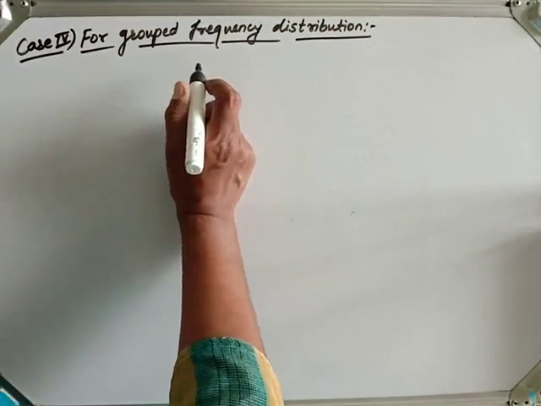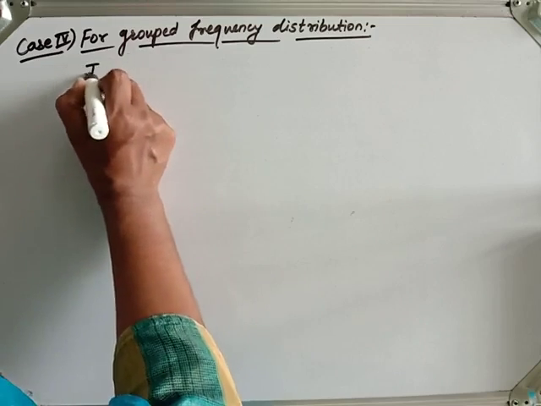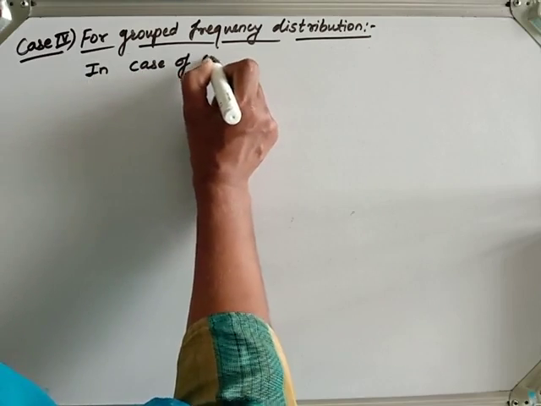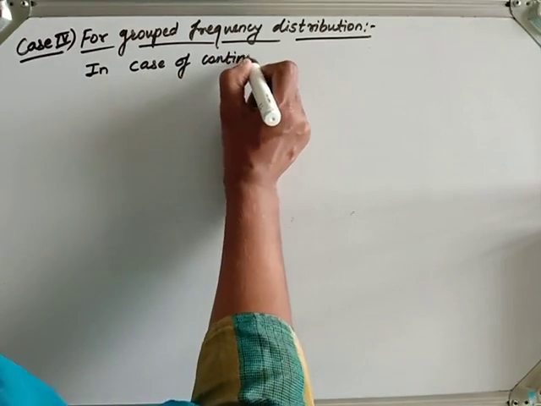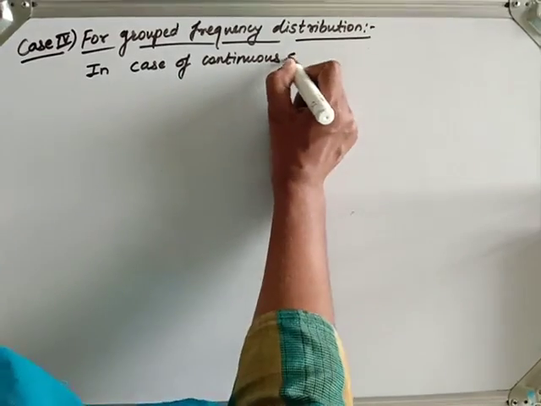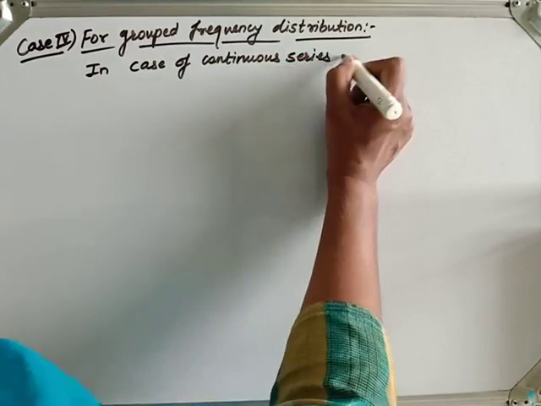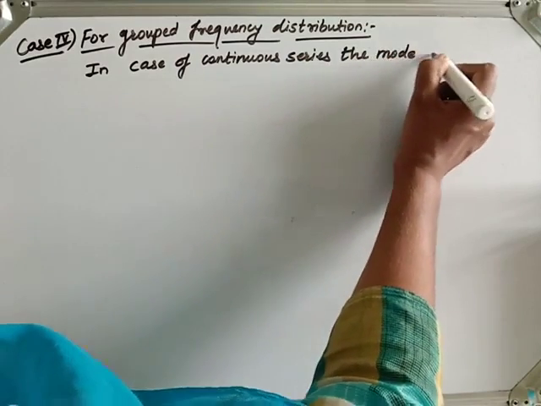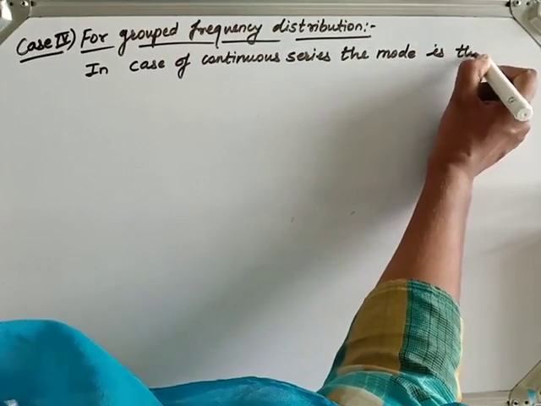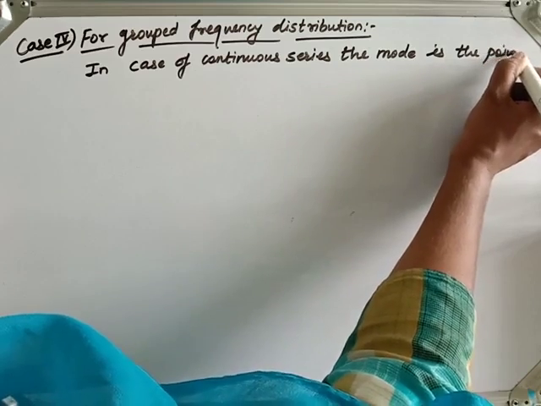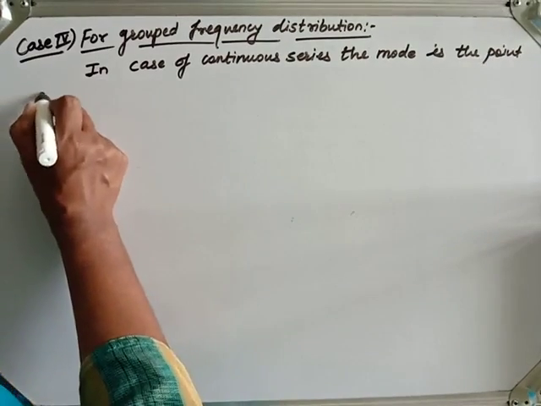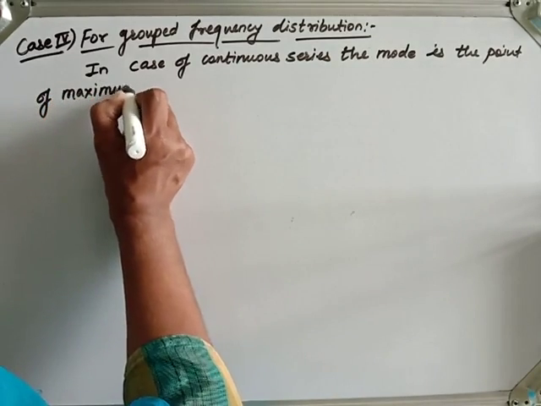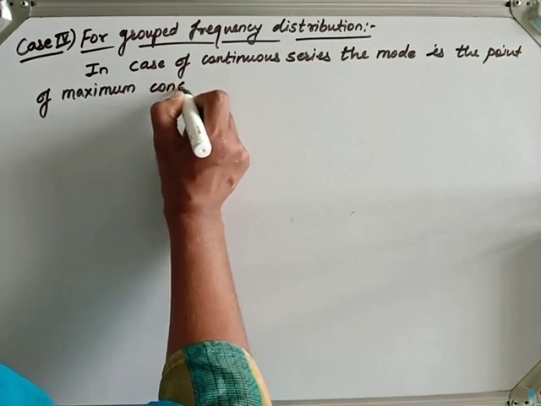Just like in median, we have seen a formula here. In case of continuous series, the mode is the point of maximum concentration. Mode is the point of maximum concentration.